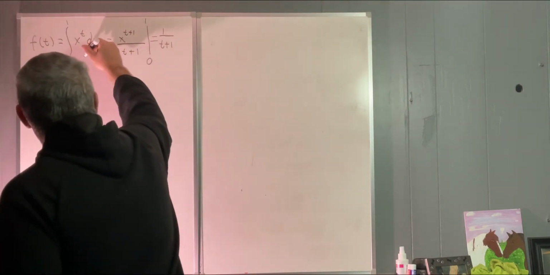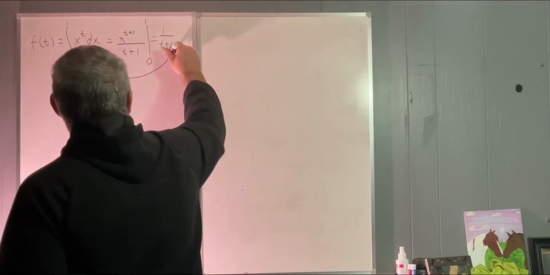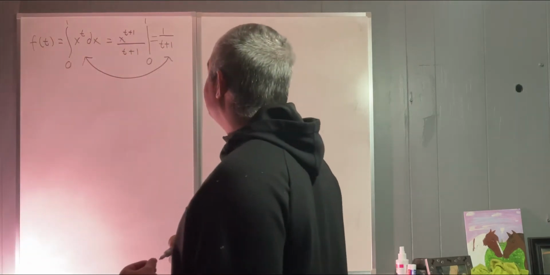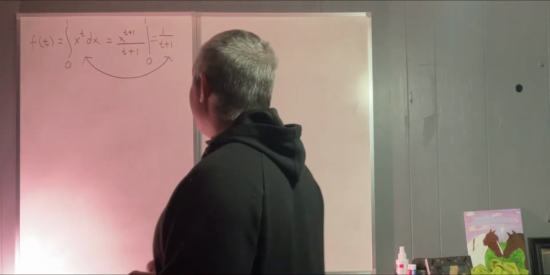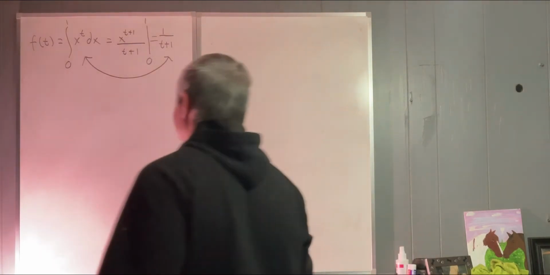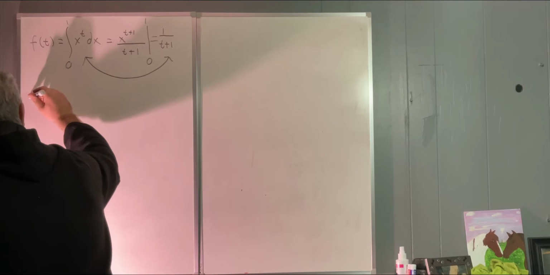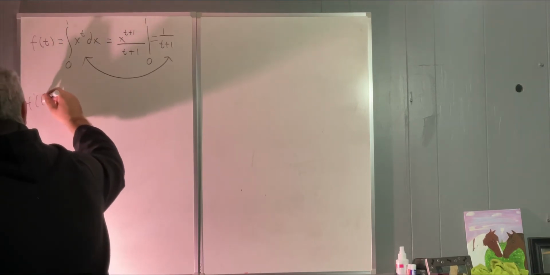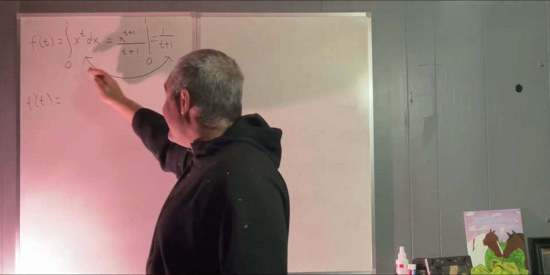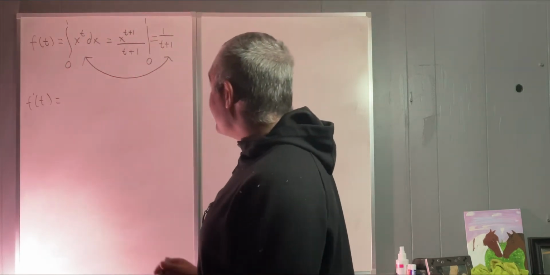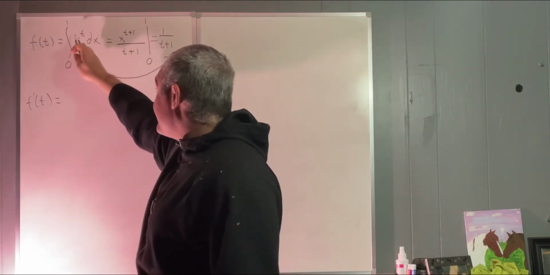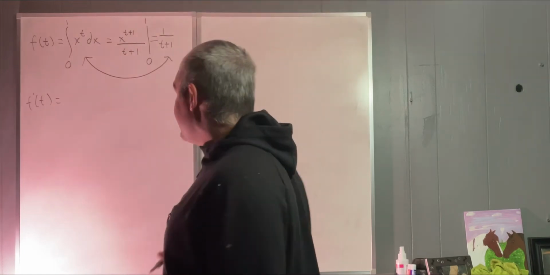So the two things we're interested in really are these two things. Those two things are equal. All right. Well, if they're equal, their derivatives are equal. So we can say that f prime of t is equal to the derivative with respect to t of this, which you can get by using the Leibniz rule for differentiation under the integral sign by taking a partial with respect to t of the integrand.